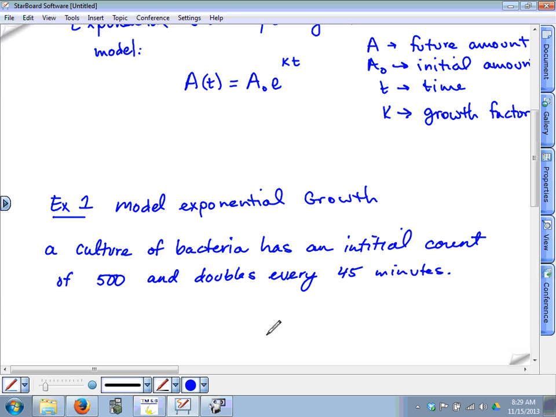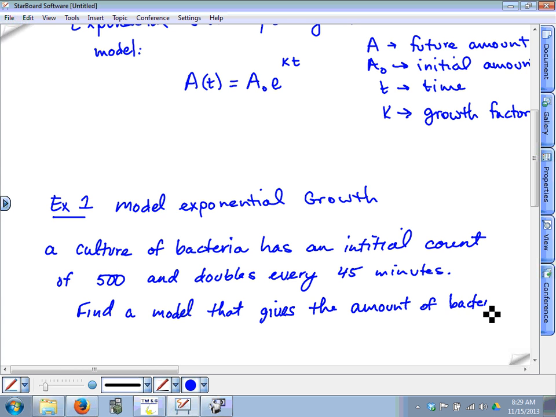Little teeny thing. I don't know. Your task is to find a model that gives the amount of bacteria at any given time. We're going to have to in order to find our model.